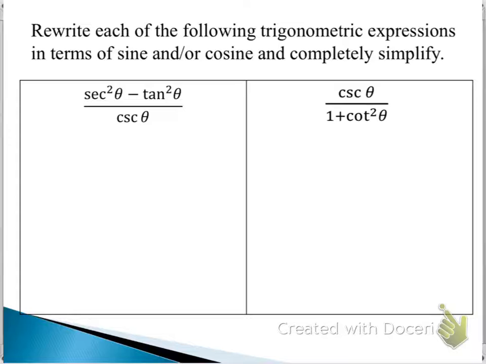So now let's go ahead and simplify this trig expression. So we have secant squared theta minus tangent squared theta over cosecant theta. Just remember that secant squared theta right here equals 1 plus tangent squared theta.